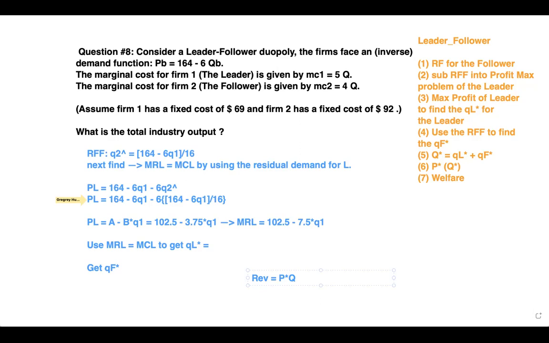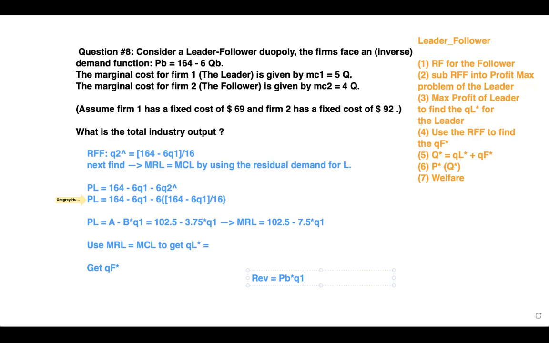Most of the time, price is some function, right? So in this case, we're multiplying it by the quantity of the leader because it's one firm, and PB has QL in it, which we're having here as Q1 because our first firm is the leader.